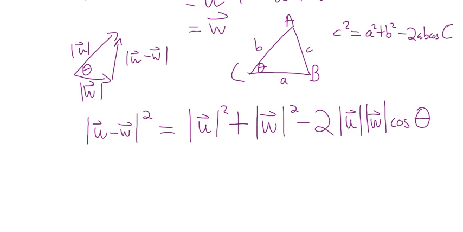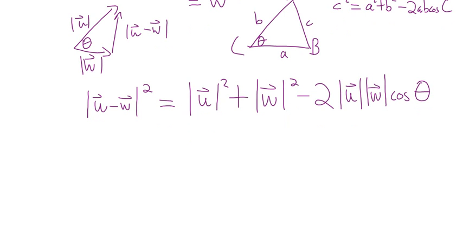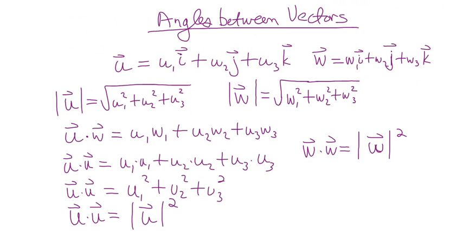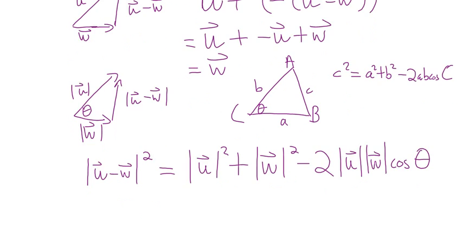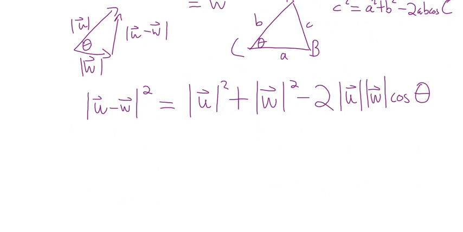Okay, so the magnitude squared of something is equal to what? Dot product. So we are going to go through and replace the magnitude of this squared with a dot product.